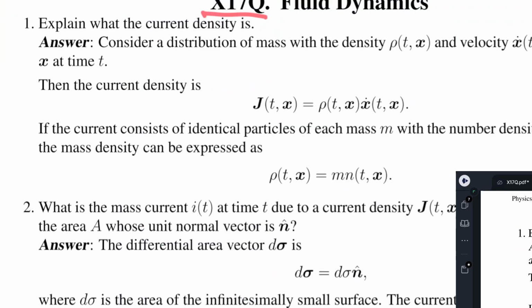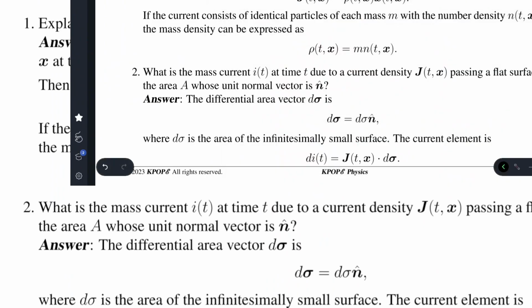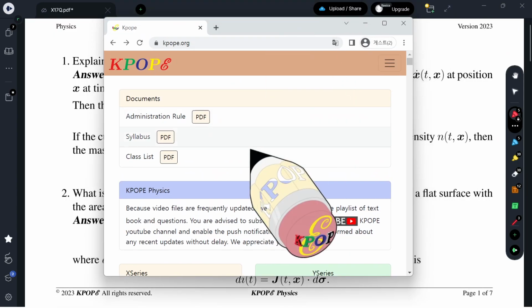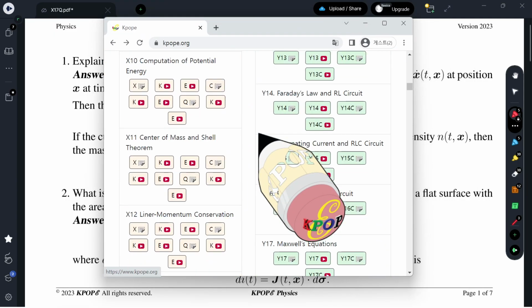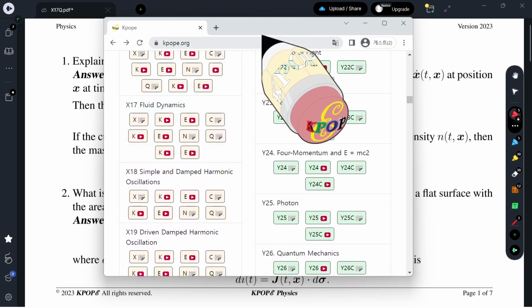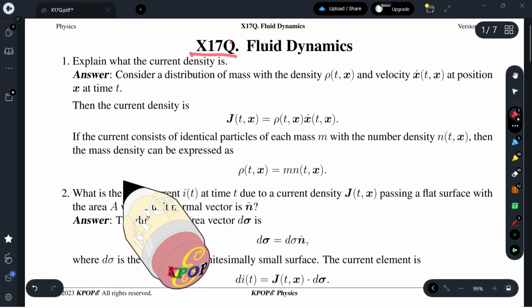Okay, let's begin. In the file X17 and Q, here you will find the details about number 1 and 2.